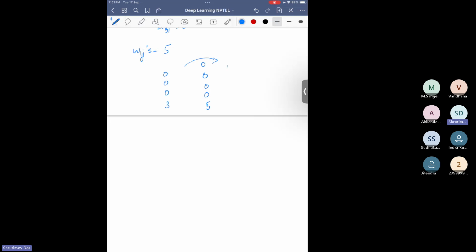Quick question, what should be the dimension of W here?